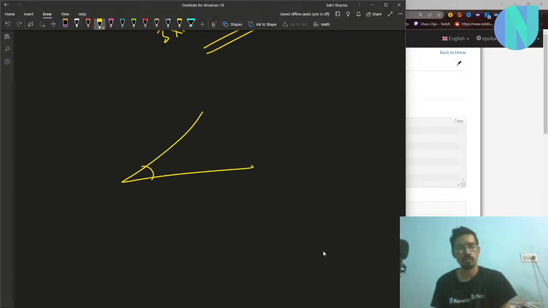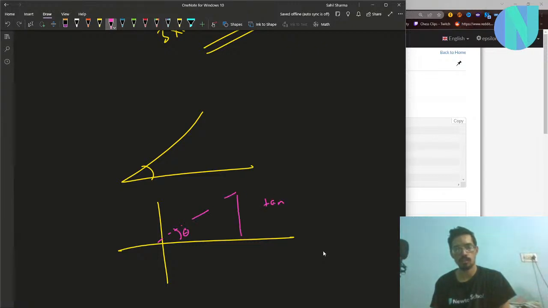So if these are my coordinates, first I found this angle theta. This is my x, this is my y. Then theta is equal to tan inverse of y by x. That first I found theta, and then I had to add alpha.